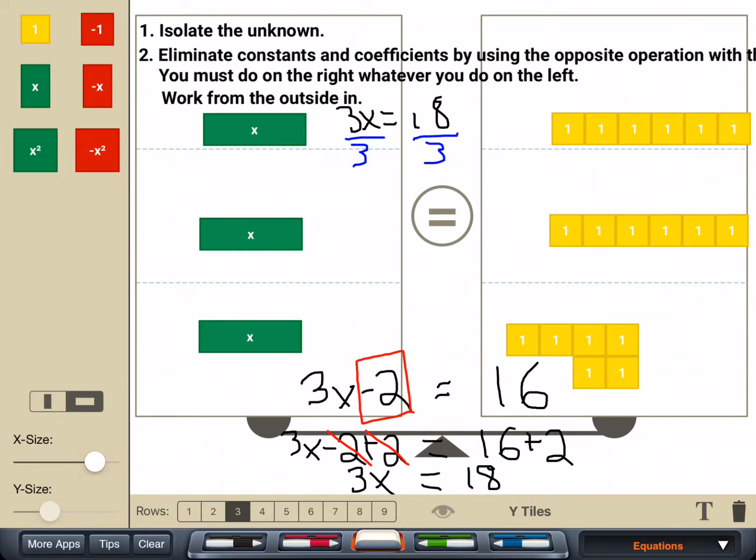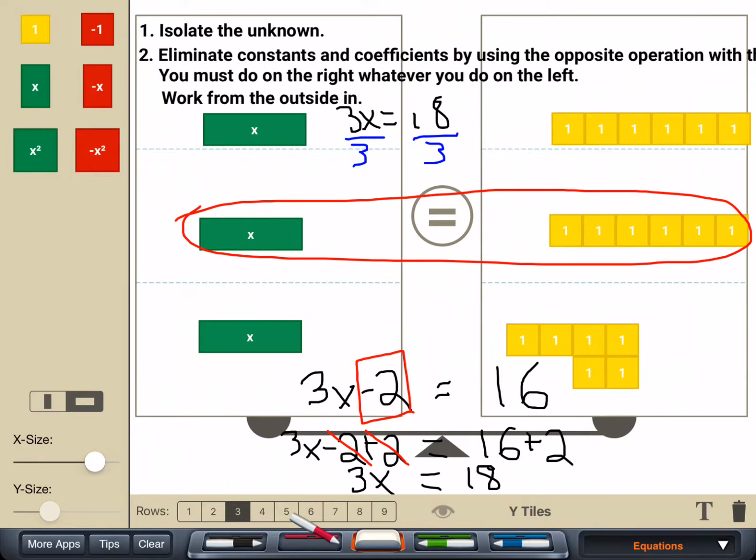So if I'm taking a look at this, I see that over here, one of these x's is paired up with 6 ones. 1, 2, 3, 4, 5, 6. And the same is true with each of the x's. So 3x put into 3 groups makes 1x per group, and 18 put into 3 groups makes 6 per group. So right now I'm feeling pretty good about my answer. It is x equals 6.